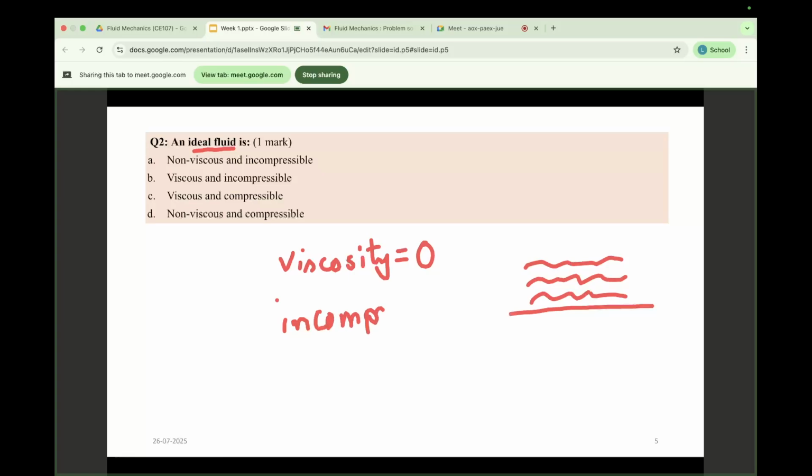So what basically is incompressible? Incompressible means throughout this domain of the fluid, say this is point 1 and this is point 2, whatever the density at point 1 and the density at point 2, if it remains constant, then we know that it's an incompressible fluid.